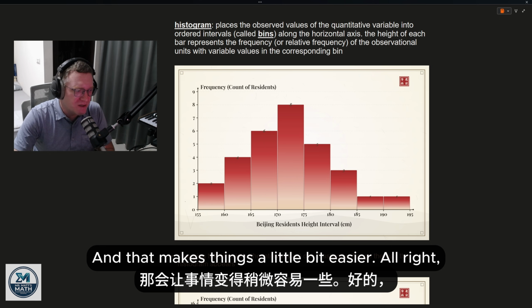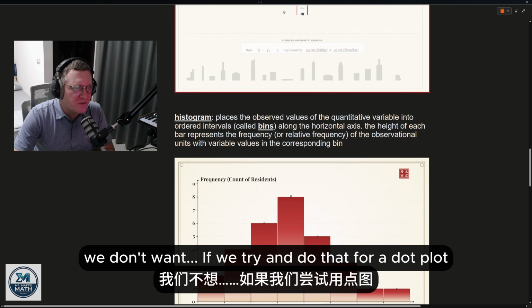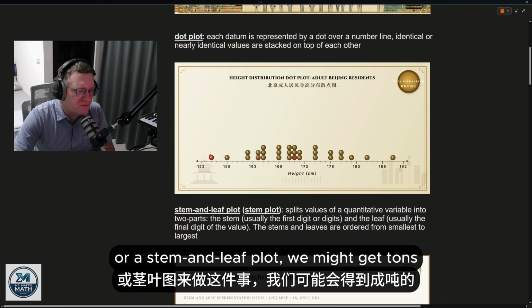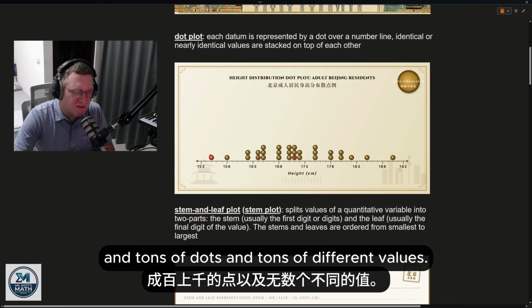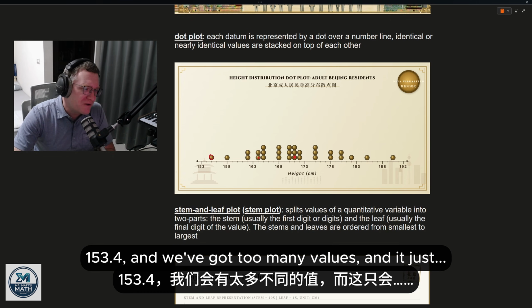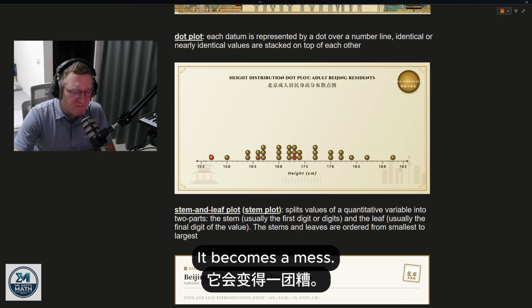And that makes things a little bit easier. If we try and do that for a dot plot or a stem and leaf plot, we might get tons and tons of dots and tons of different values. We might have 153, 153.1, 153.4, and we've got too many values, and it becomes a mess.